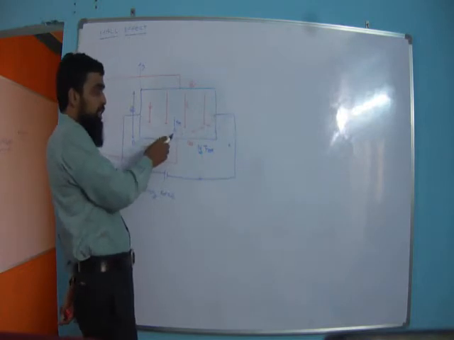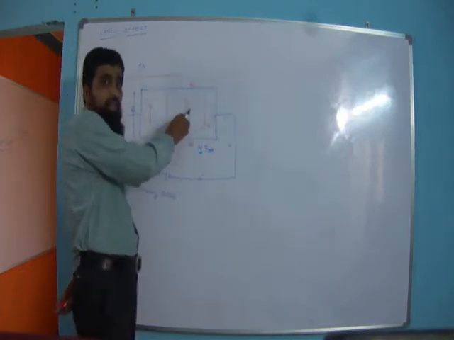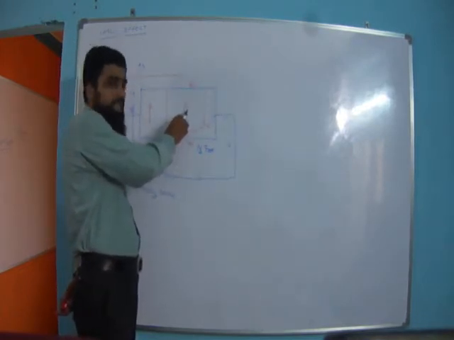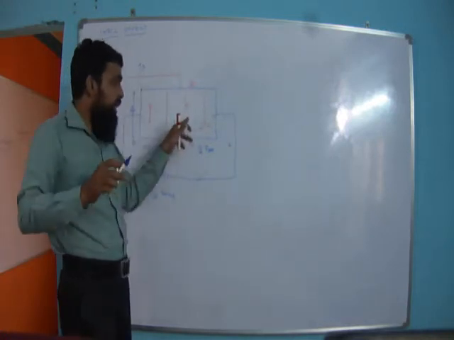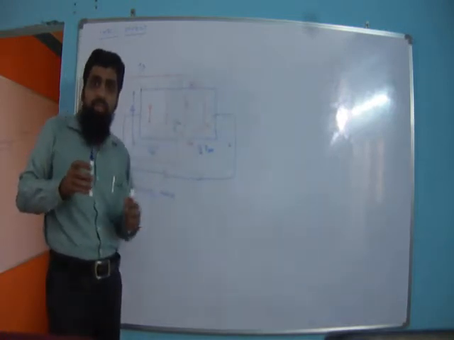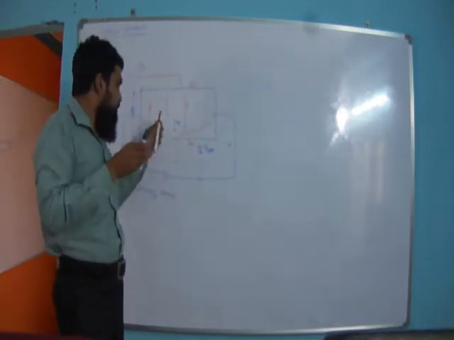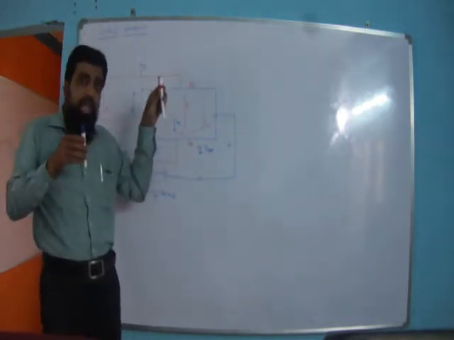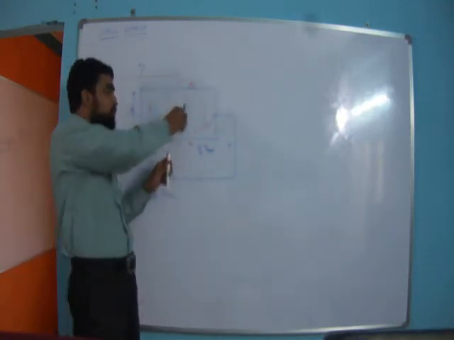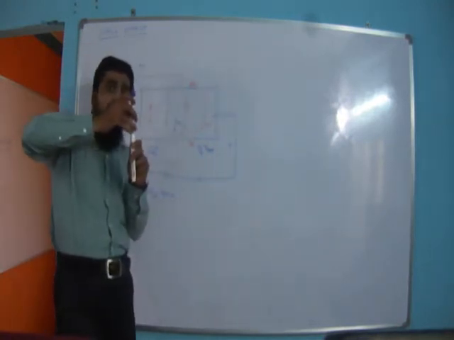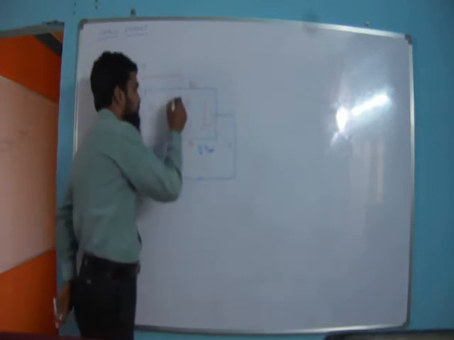What is the result of this? An electric field exists. This electric field will pull the electrons up. Now you have one force, the magnetic force, which is pushing the electrons down, and one more force which is pulling the electrons up.